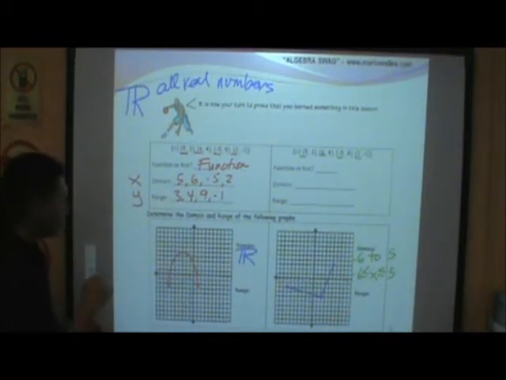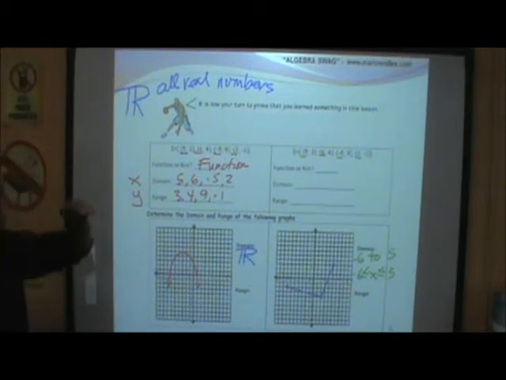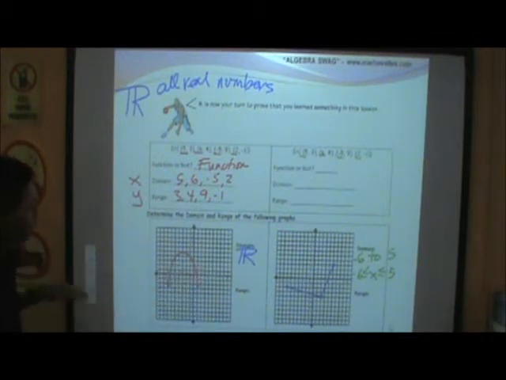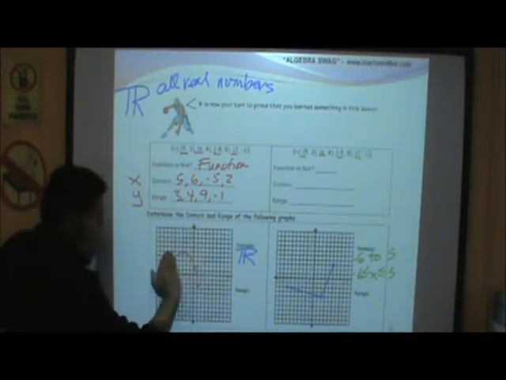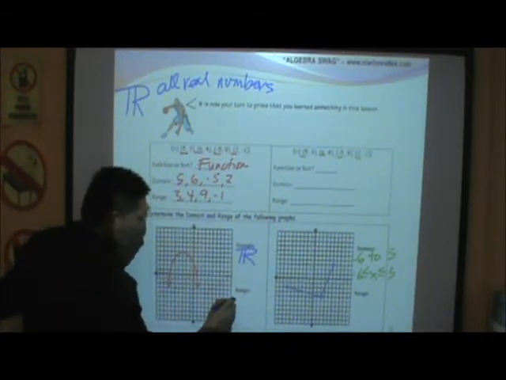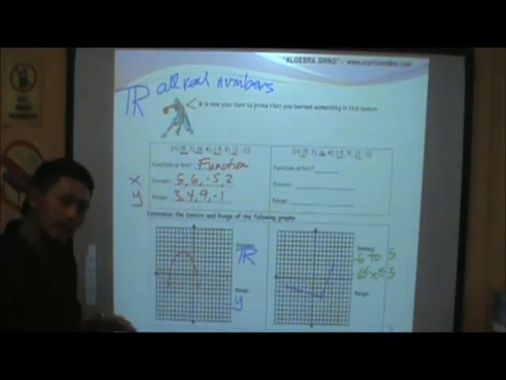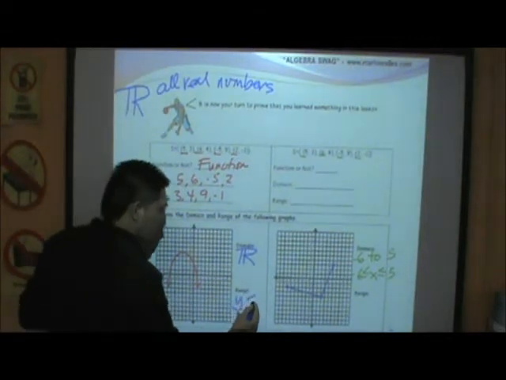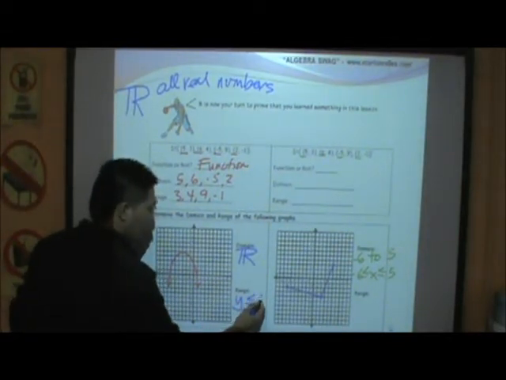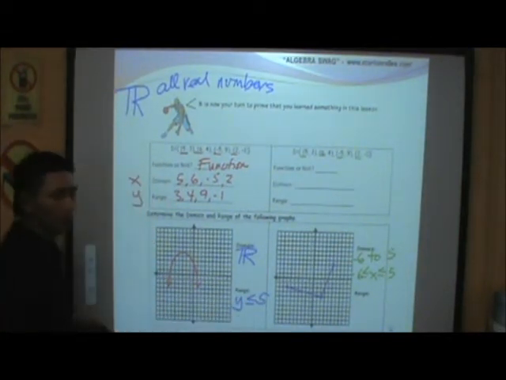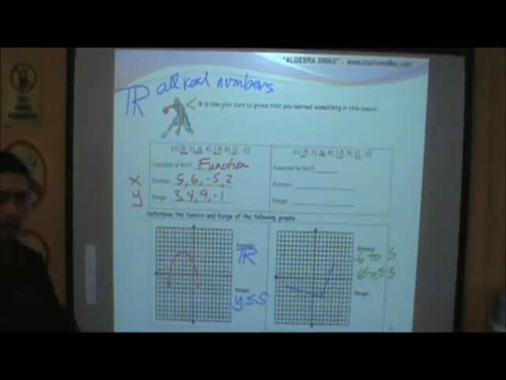But wait, where does the graph start? Where is the maximum point of the graph? The maximum point of the graph is actually 5. So because the graph is going down, I would say y is less than or equal to 5. Less than or equal because the graph is going down.